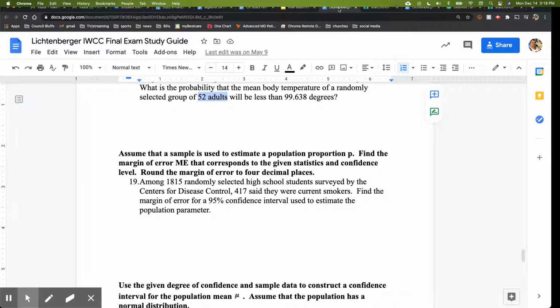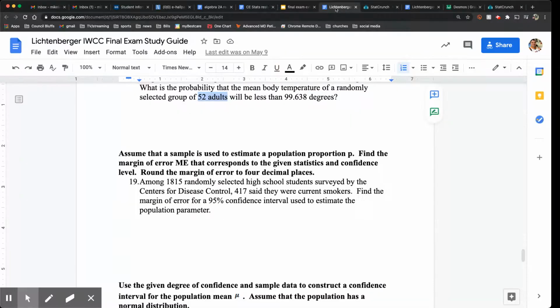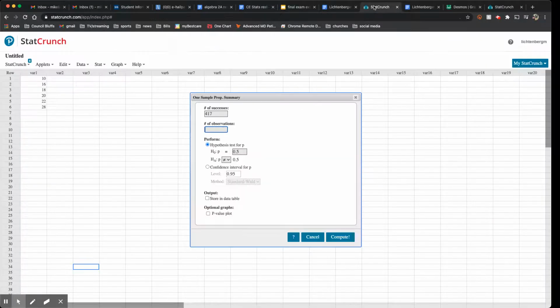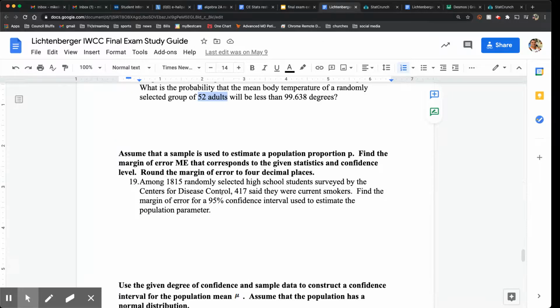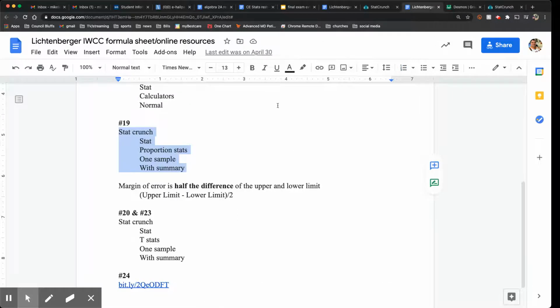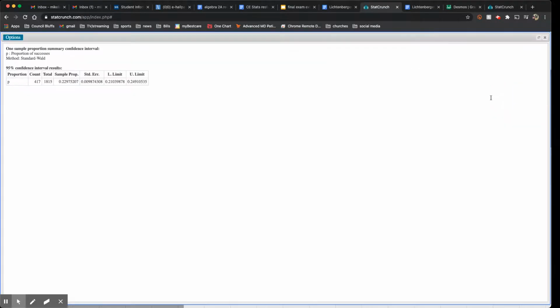Okay, so 417 out of my sample size of 1,815 said they were smokers, and we were doing a 95% confidence interval, right? Let's double check that for a 95% confidence interval. All right, so if we do that, we compute, we get this answer.